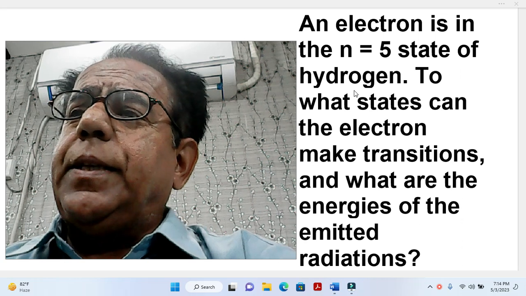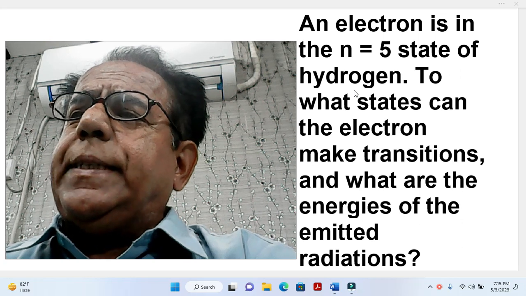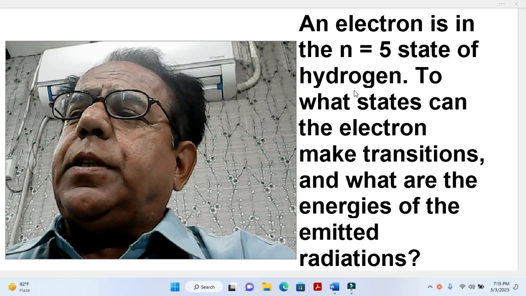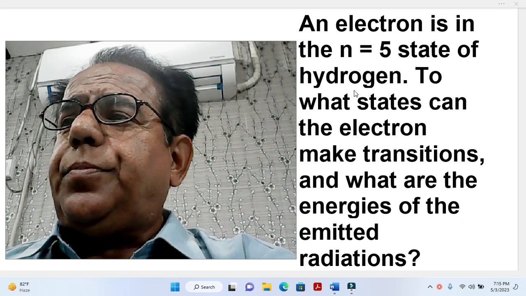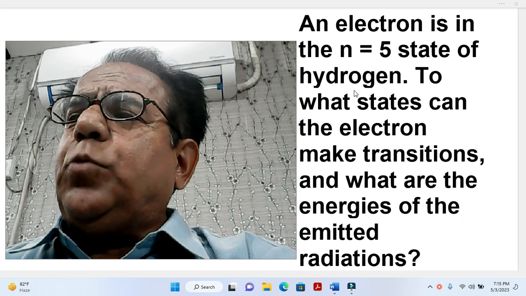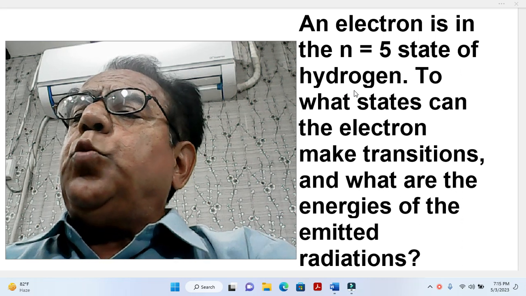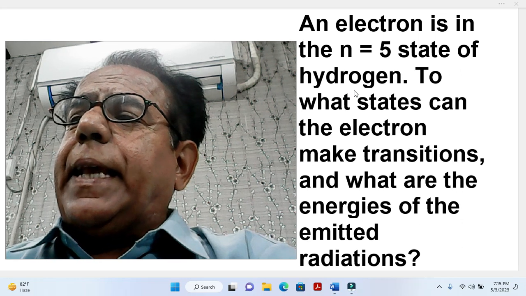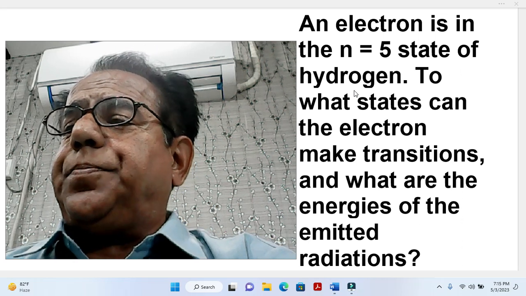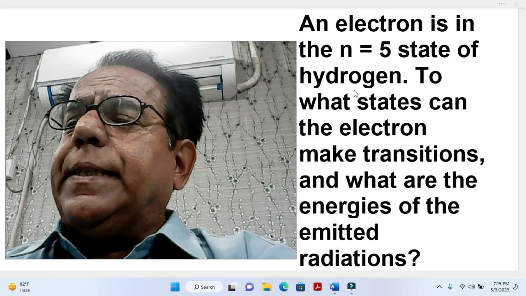The statement of the problem is: an electron is in the n equal to 5 state of hydrogen. To what states can the electron make transitions, and what are the energies of the emitted radiations?